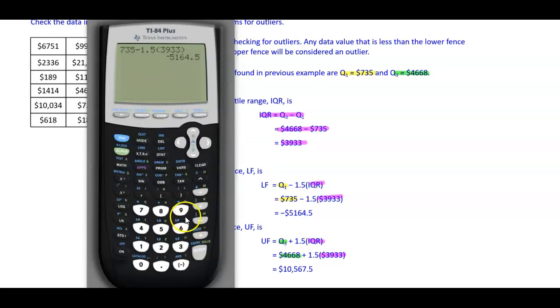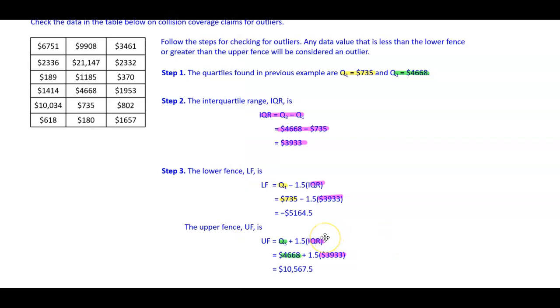Let's do that on our calculator. 4,668 minus 1.5 times the interquartile range of 3,933, and we get, oh, sorry, I made that a minus, so let's change that to a plus so we get the correct result. And we get 10,567.5. So what does that mean?